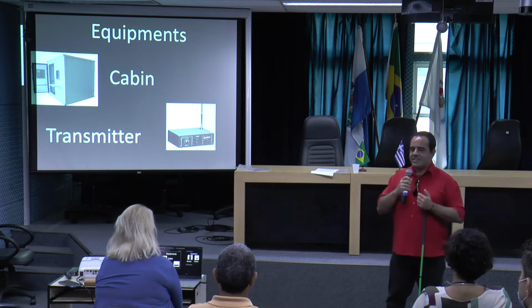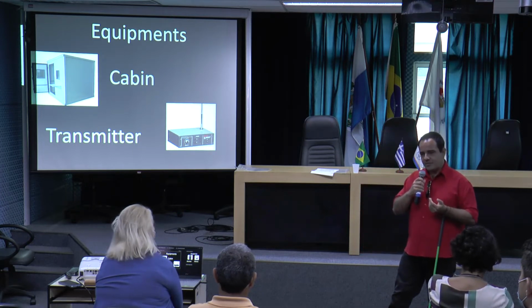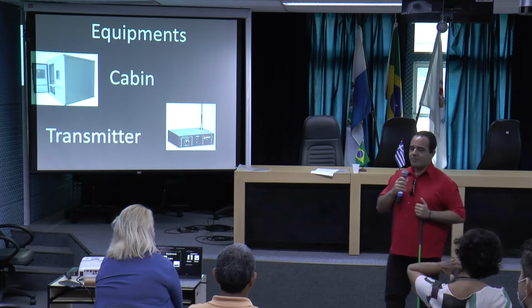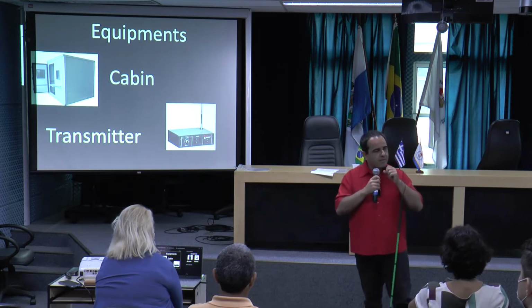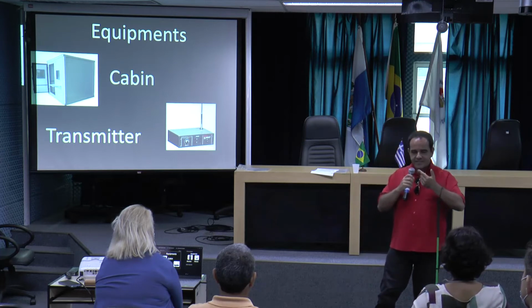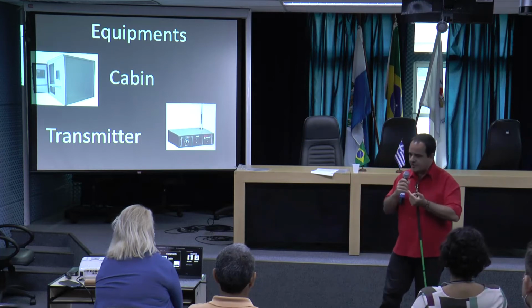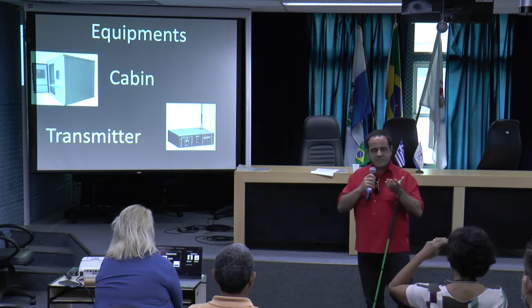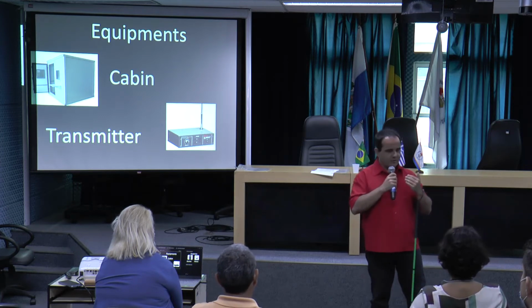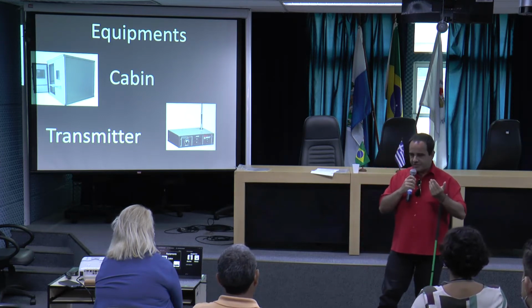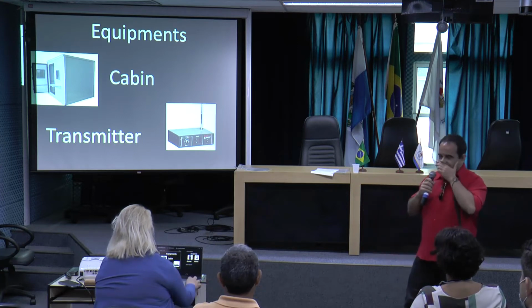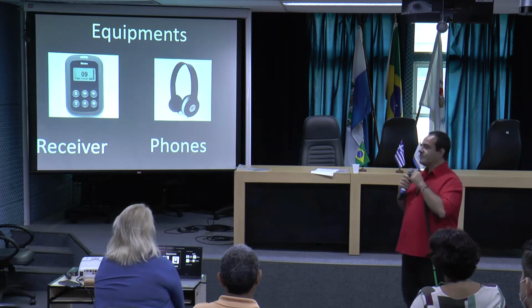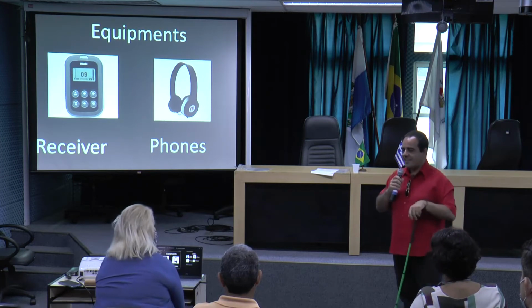A transmitter is needed too, because the narrator uses a microphone to read the text, for the users to receive the audio description. In a theater, for example. The next slide, please. I show the receiver phone.